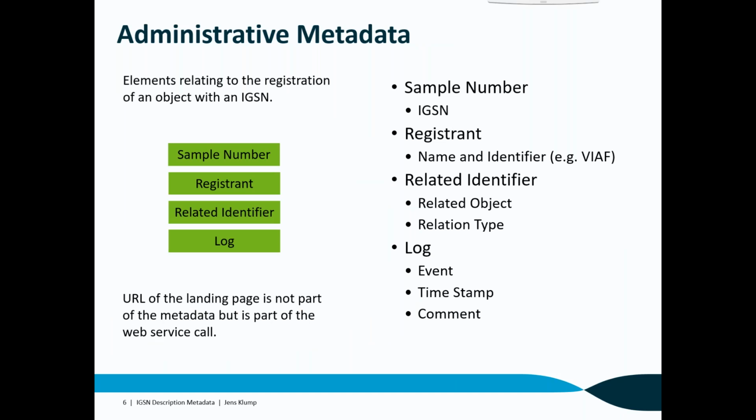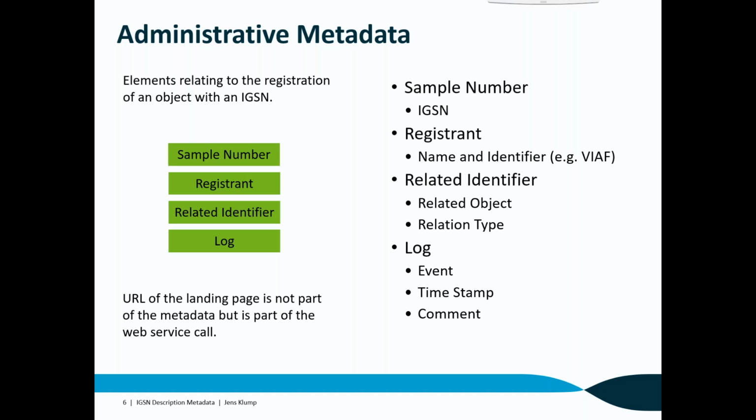So just briefly mentioning what this administrative or registration metadata is. It has 4 very simple elements: the sample number, the registrant, the related identifier, and a log element. The URL of the landing page is not part of this metadata, but it's part of the web service call used to register the sample. So the sample number is the IGSN. The registrant is the name of the organization registering the sample and its identifier.